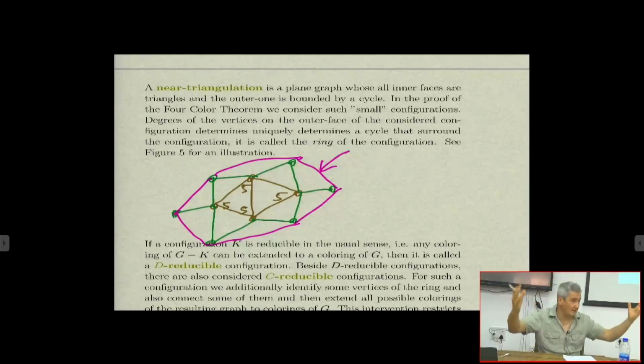It will be colored because it's a smaller graph, and then you will get some colorings, maybe a million possibilities. And if you can always extend these colorings, whatever you get here inside, then it's called D-reducible.